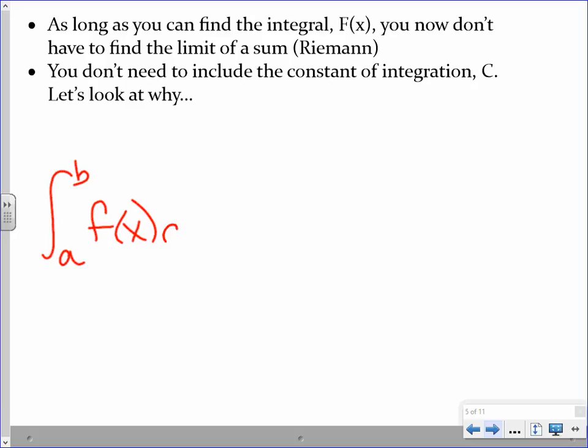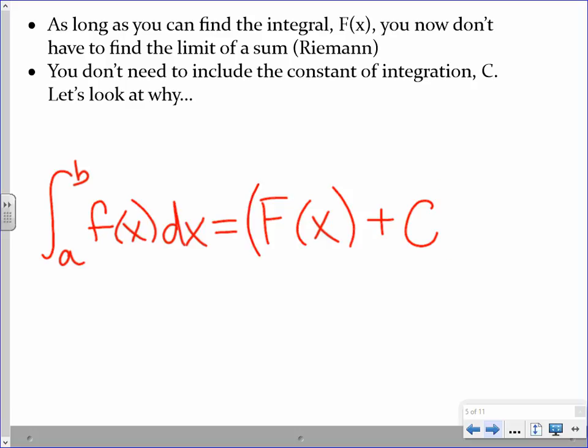Let's think about this. Earlier, if we didn't have those limits of integration, we would say, okay, we have our antiderivative plus c. Now, here's a notation that you're going to need to get used to seeing. When you have your antiderivative, you're then going to need to evaluate from A to B, that slash bar.